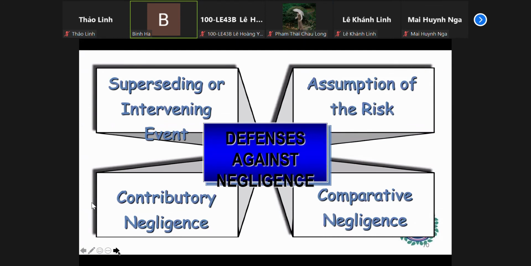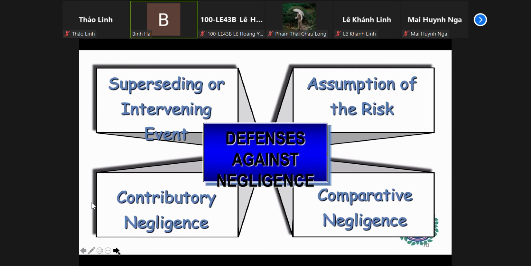Here are the several defenses available to a negligence case, okay? They are superseding or intervening event, assumption of risk defense, contributory negligence, and comparative negligence. In fact, contributory negligence and comparative negligence have some similarities, but they also have some differences which make them totally opposite.